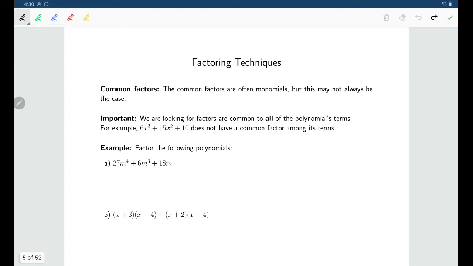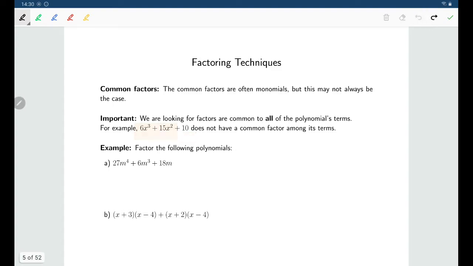So as an example here, if you're looking at this polynomial, 6x cubed plus 15x squared plus 10, there is nothing that could be taken out of all three of the terms. If you're thinking, for example, about powers of x, there are x's in the first two terms, but not in the last one, so there's no way to factor out any sort of a common factor that has an x in it.